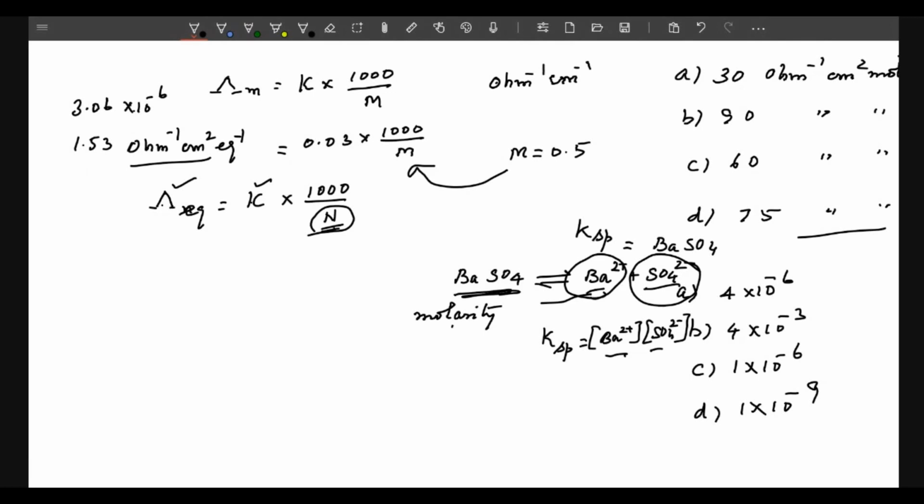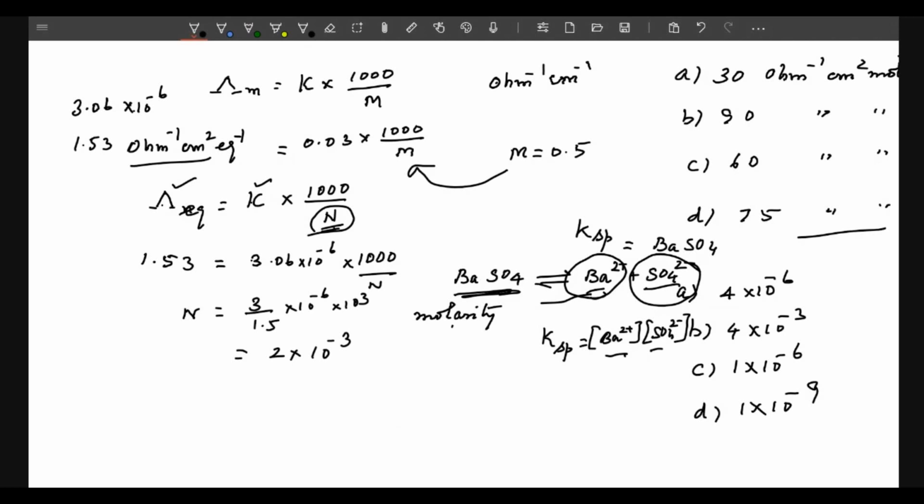Find out first the normality N of the solution, substitute the values, that is 1.53 is equal to kappa, 3.06 into 10 power minus 6, into 1000 by N, or N is equal to 3.06 by 1.53 into 10 power minus 6 into 10 power 3, equal to 2 into 10 power minus 3 normality.